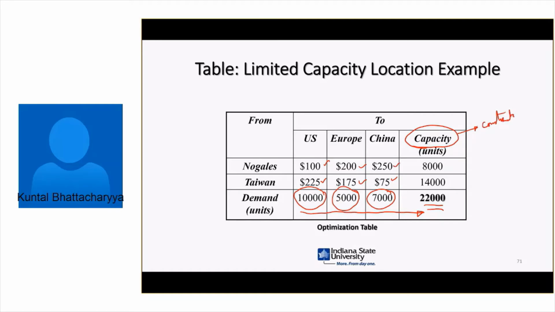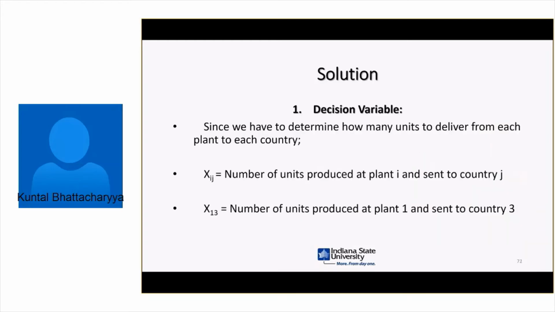We are saying that Nautilus can only produce 8,000, and Taiwan can only produce 14,000. And as you can see, it has been dealt with in such a way that when you add up the capacity, your demand and your supply are the same, which is 22,000. That's the very basic base case. You want to design your model at the lowest hanging fruit. So that is how an optimization table is designed. What you're after is trying to figure out the decision variable.